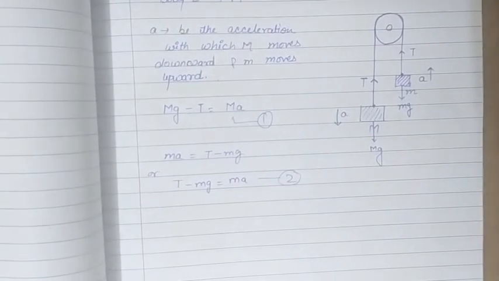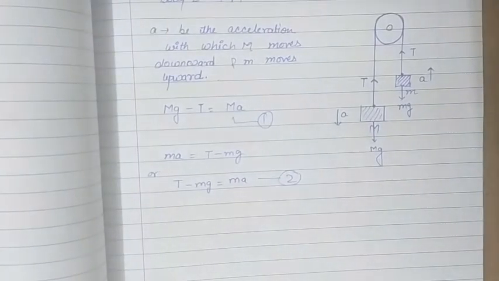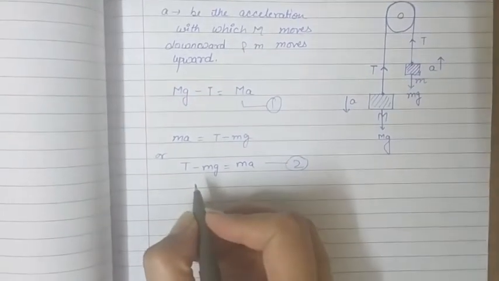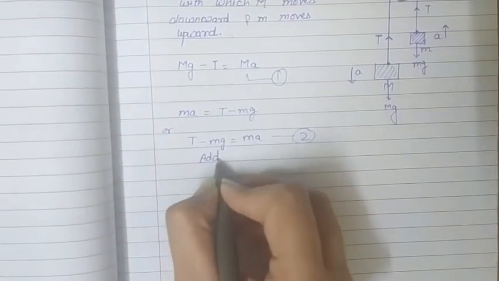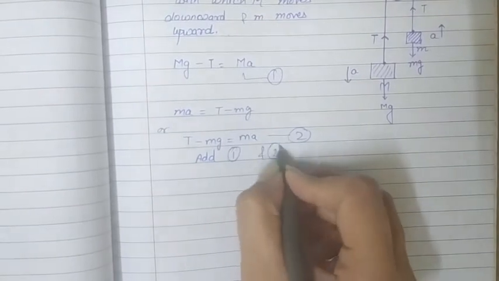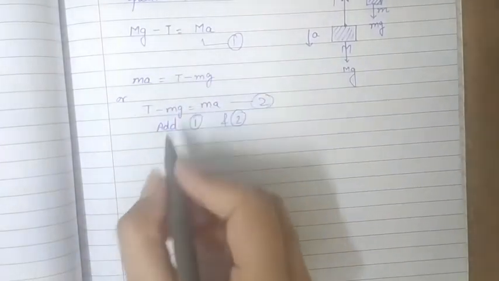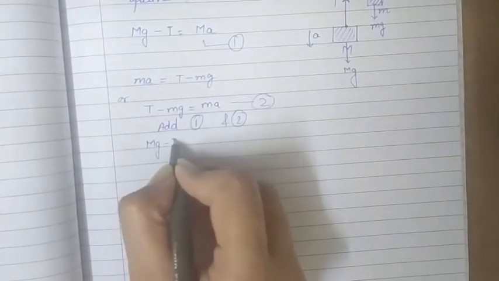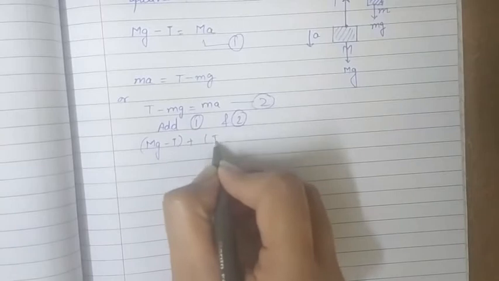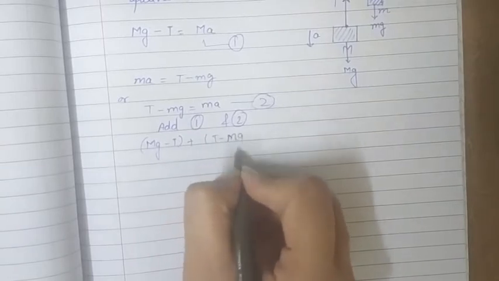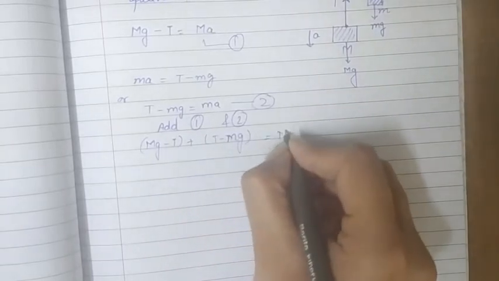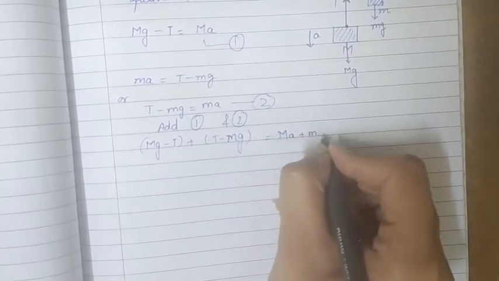Now when we get equation number 1 and 2, the simplest method to find acceleration is by eliminating T, and to eliminate T just add equation 1 and 2. So we are going to add equation number 1 and 2 to find the acceleration. If we add these two equations, we get Mg minus T plus T minus small mg, equal to Ma plus small ma.